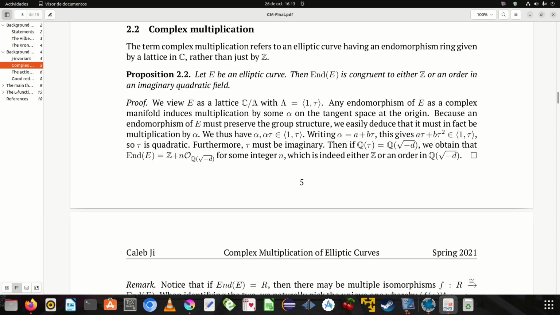Now, if the lattice, for instance, is a square, generated by 1 and the imaginary unit, how about taking the conjugate, where z maps to z conjugated?